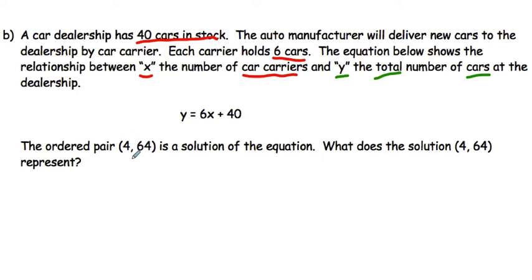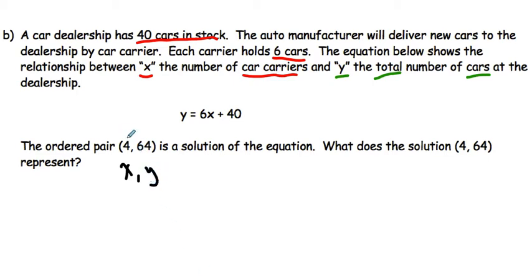So remember, 4 is your X, 64 is your Y. So what does X represent in this context? Well, if we look up at the problem, we know that X represents the number of car carriers.